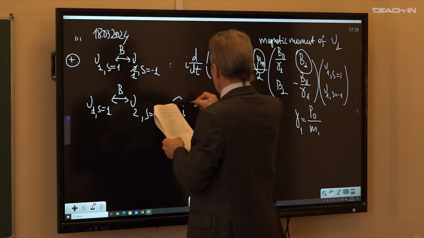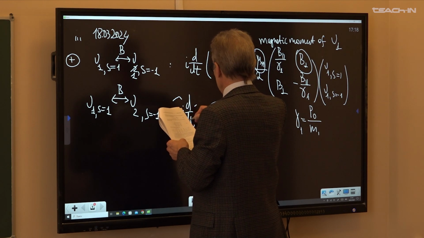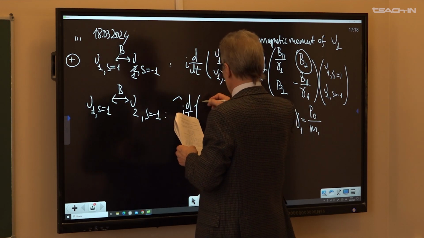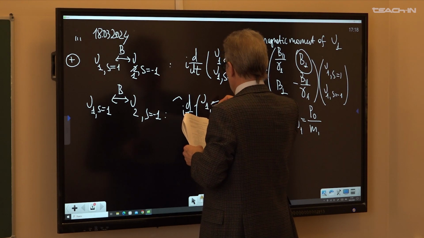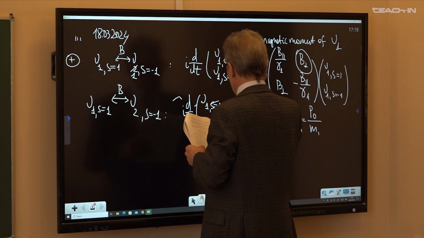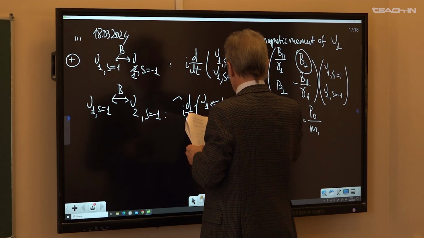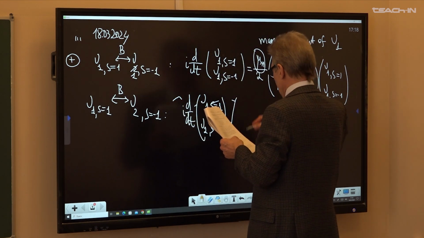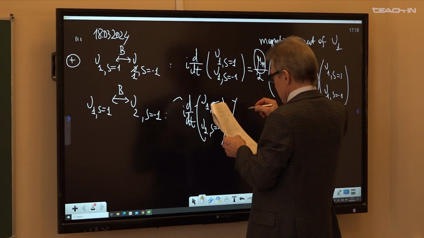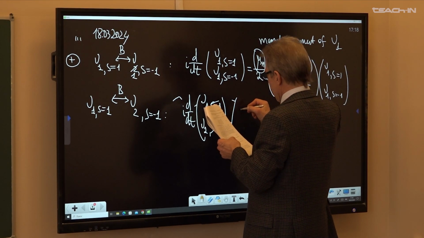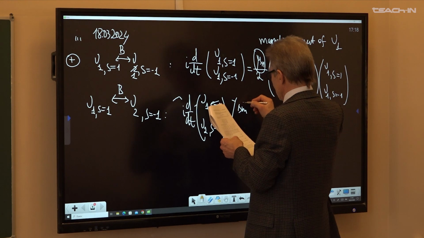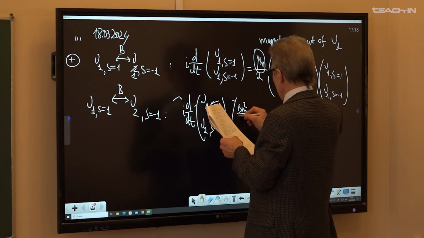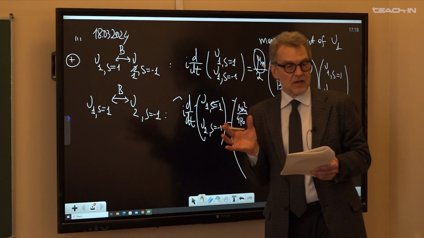So, again, i d/dt of neutrino 1, s equal 1, neutrino 2, s equal minus 1, equals, and here this is the Hamiltonian, again 1/2, I just put after, delta m squared divided by 4 energies of neutrinos. We suppose that the energies are equal.